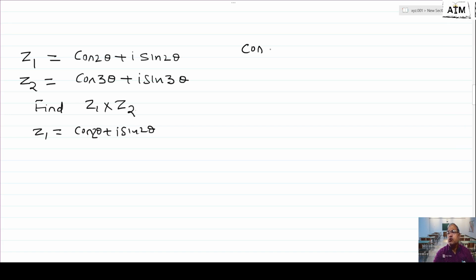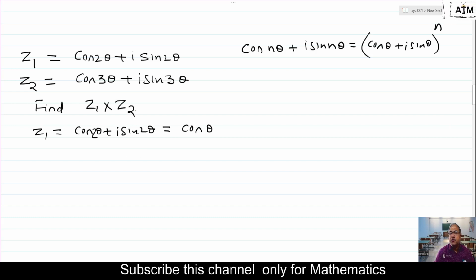We know de Moivre's theorem: cos n theta plus i sin n theta equals (cos theta plus i sin theta) whole raised to n. It is a formula. By using this formula, I can write cos 2 theta plus i sin 2 theta as (cos theta plus i sin theta) whole squared.